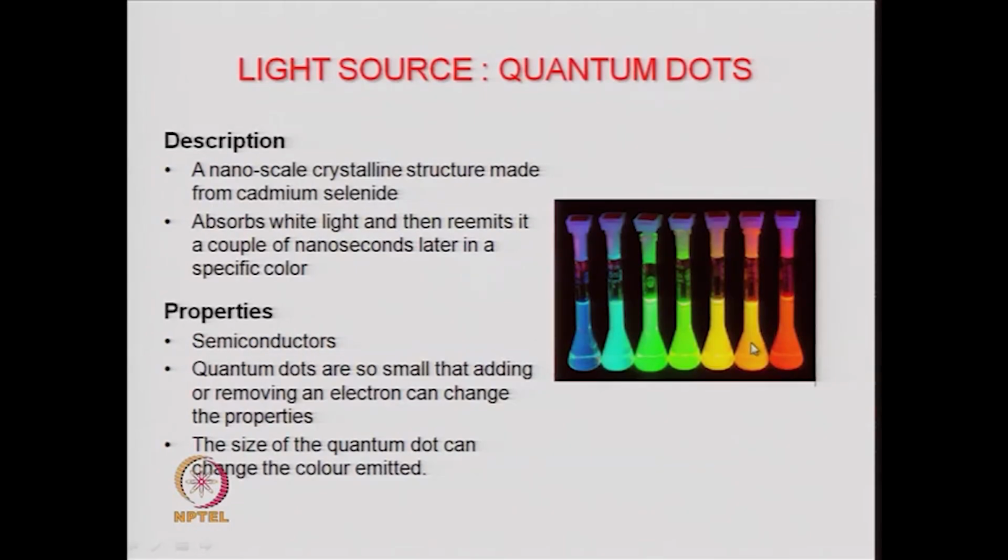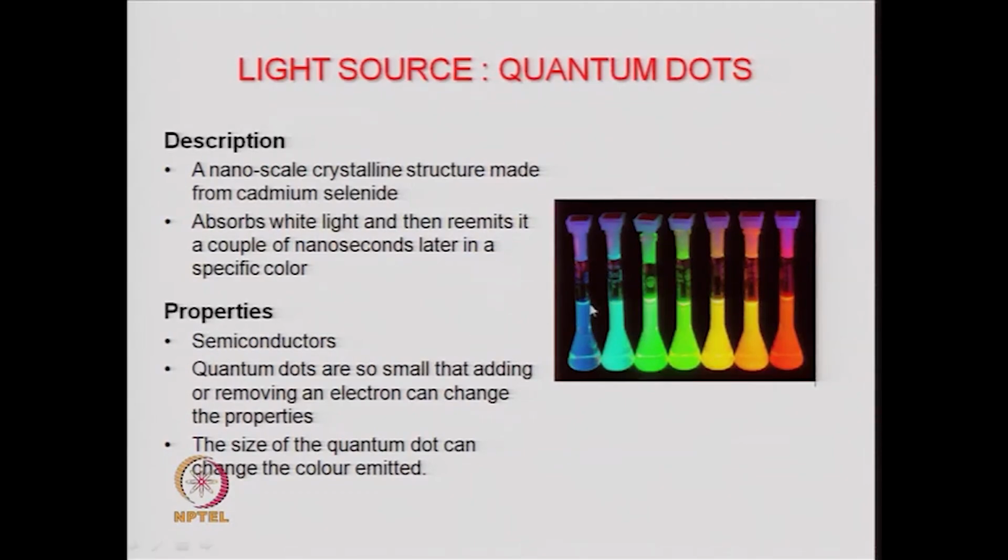All the materials are having only the same cadmium selenide particles, but they are showing you different colors. The particles are the same, chemical composition is the same, but they are showing you different colors.